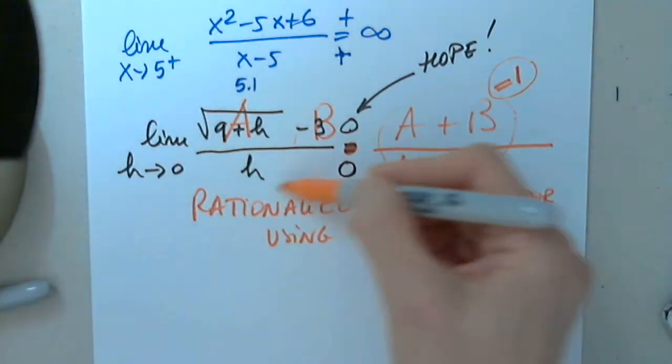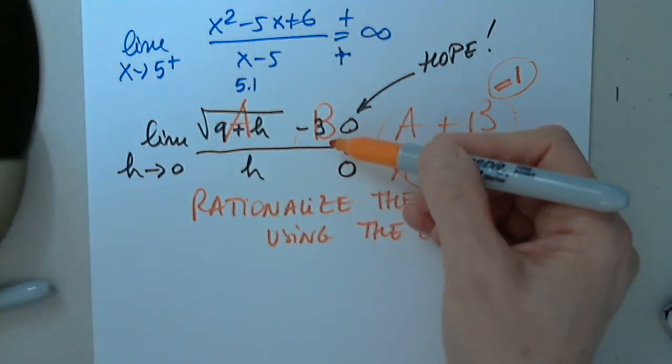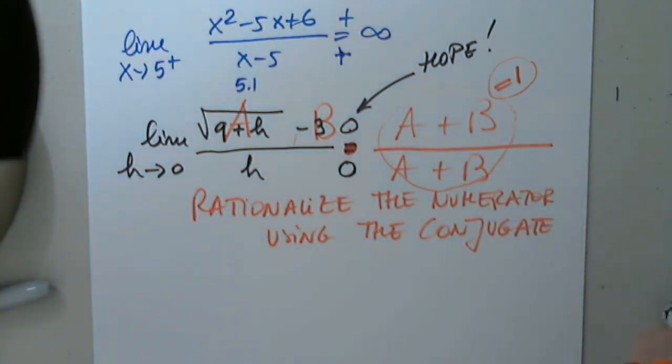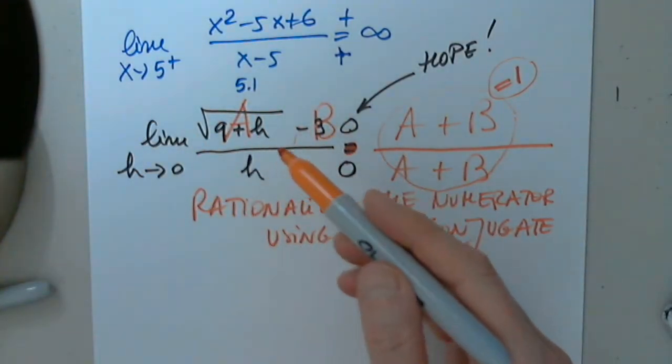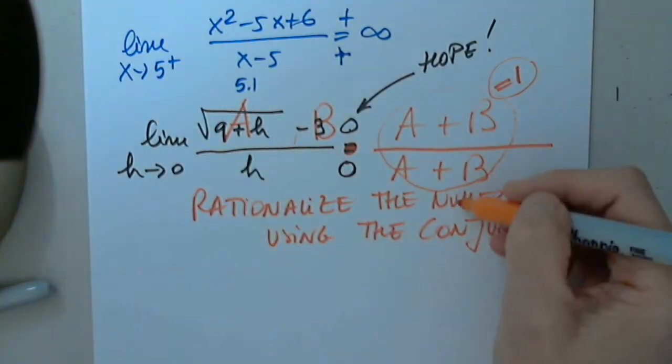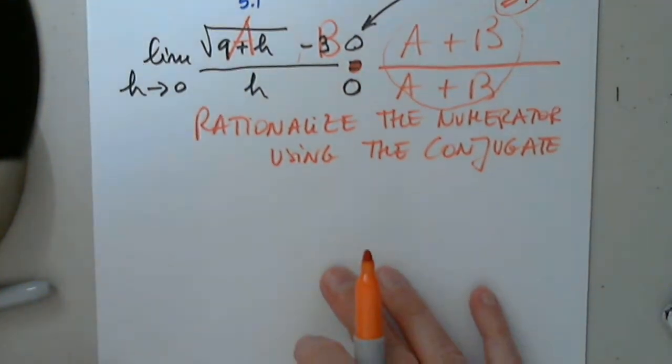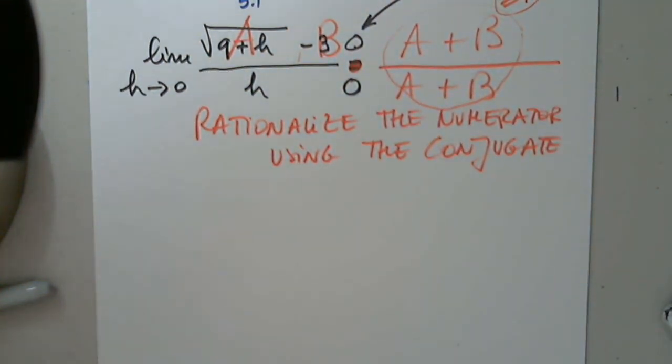I'm not allowed to change the value. I'm allowed to change the presentation, if it's the same. But I'm not allowed to change the value of the function. And multiplying by 1, there is no change. So I'm going to write it again. You don't have to.